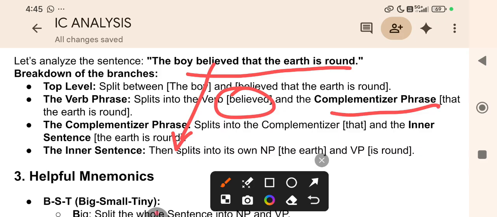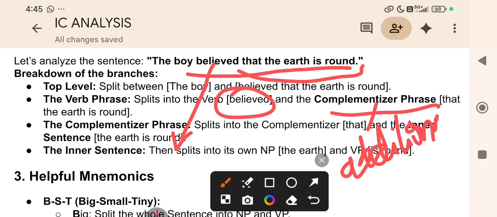Complementizer phrase means that is the complementary part or additional part, right? Complementizer phrase.